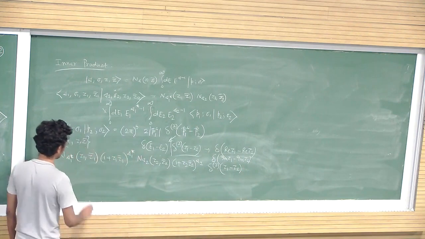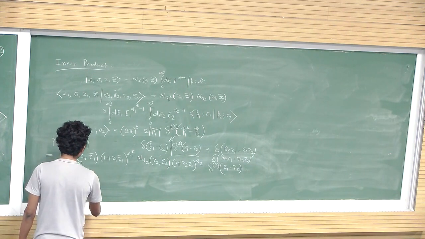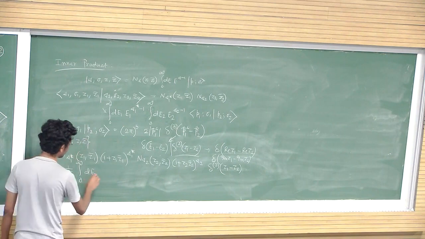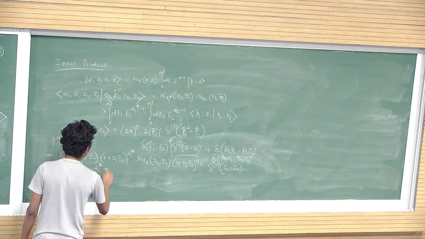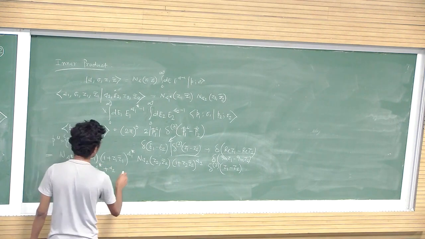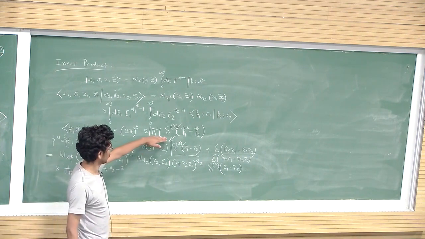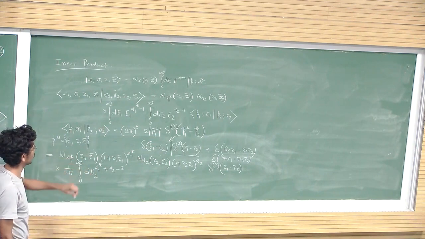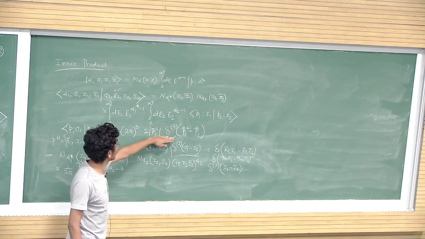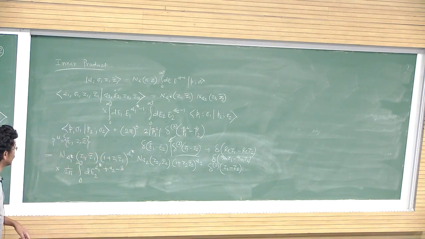And then there will be 1 over 2 pi, integration 0 to infinity dE2 of E2 to the delta 1 star plus delta 2 minus, actually it will be 3, because from here a factor of E will come.